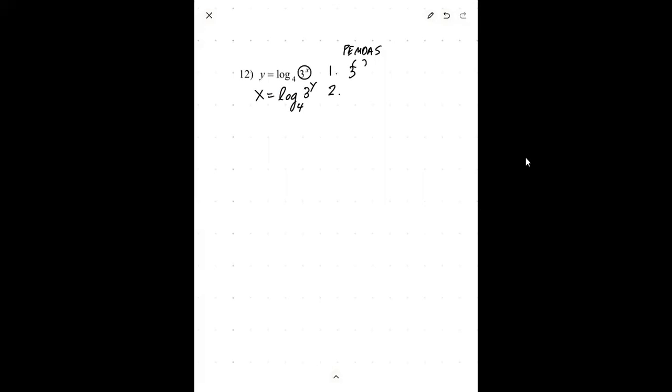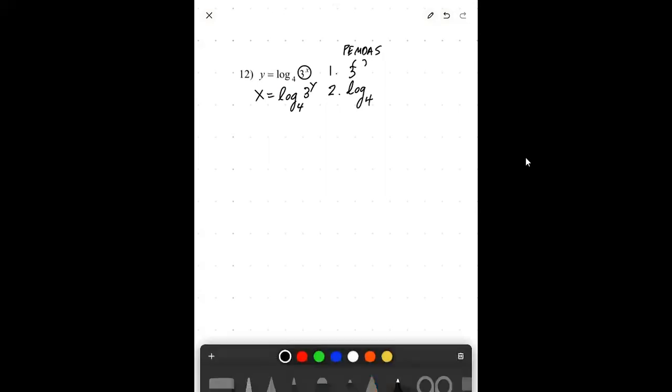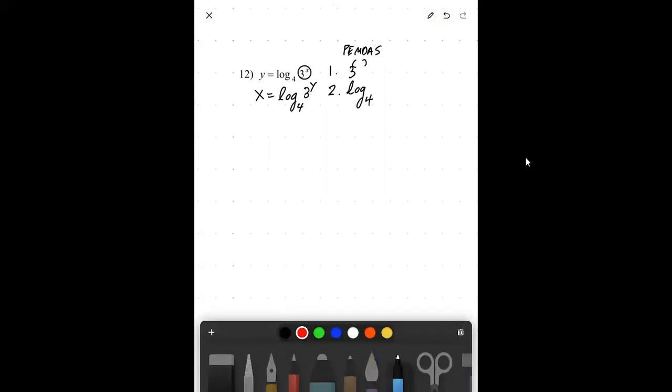And then I'm taking the log with the base 4. Okay. So now I'm going to take the inverses, and the inverse of having a base of 3 and raising something up there would be to take the log with the base 3 of that something.